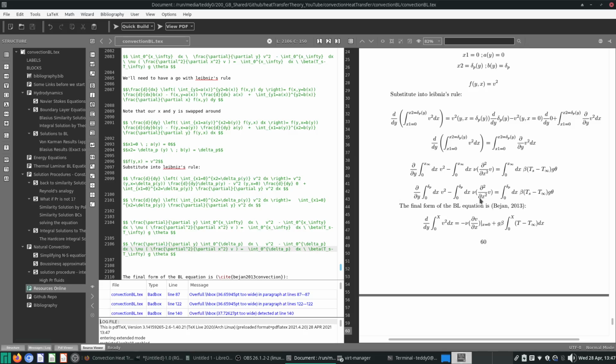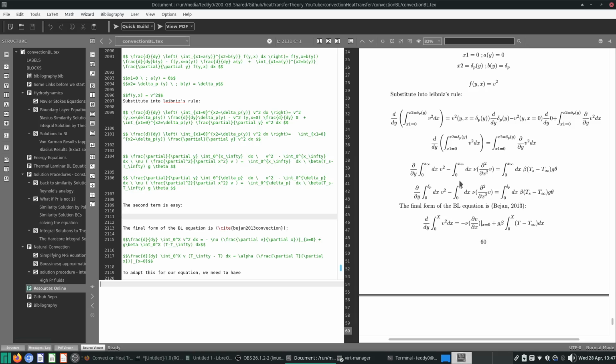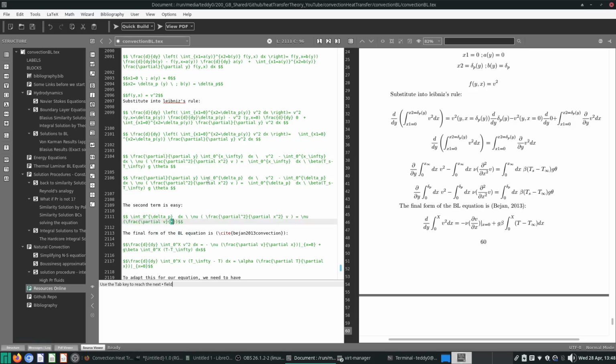So what about the second term? It's quite easy as well, since this is all with respect to x. So we have nu partial v partial x.